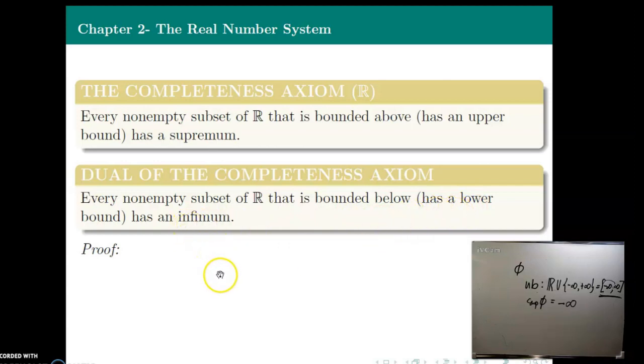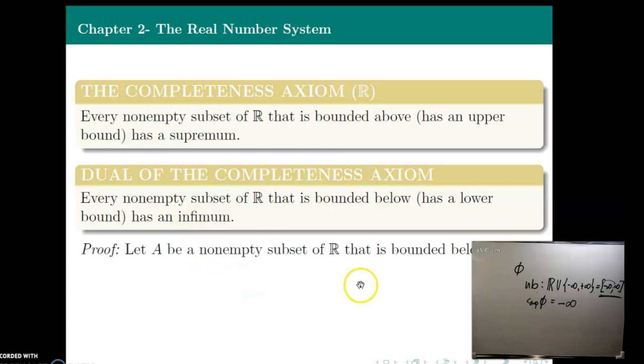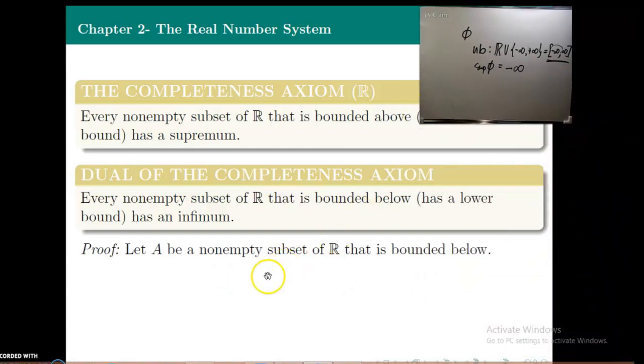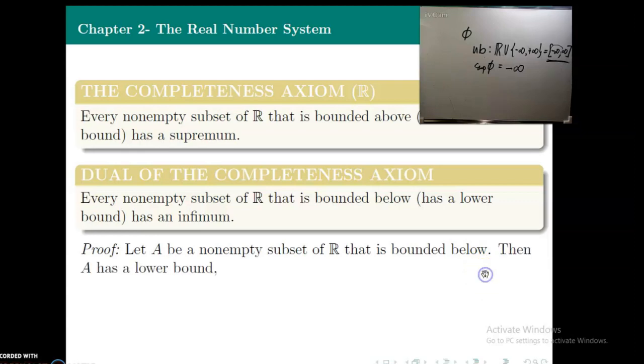So for the proof of that, we will let A be any non-empty subset of R that is bounded below. So, since it is bounded below, then A has a lower bound.